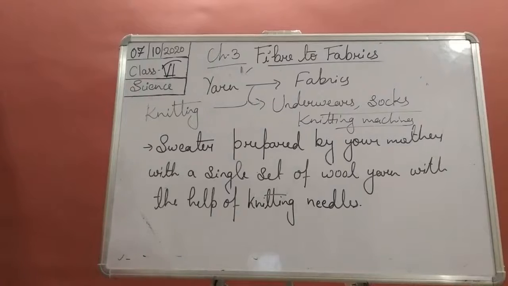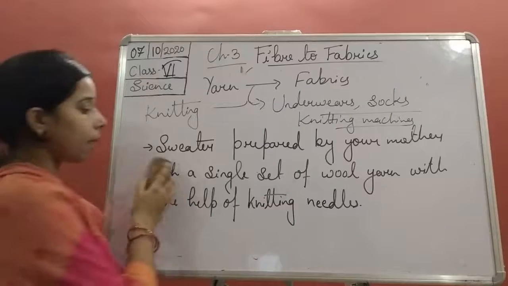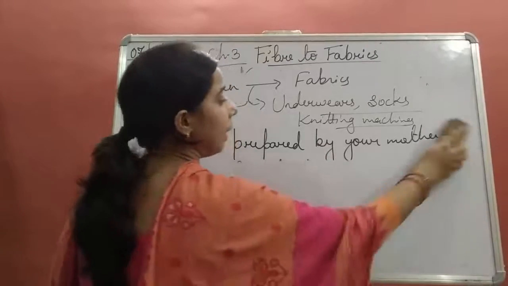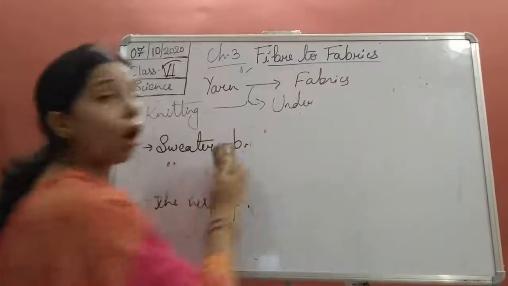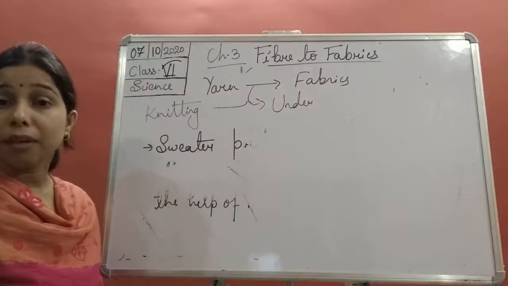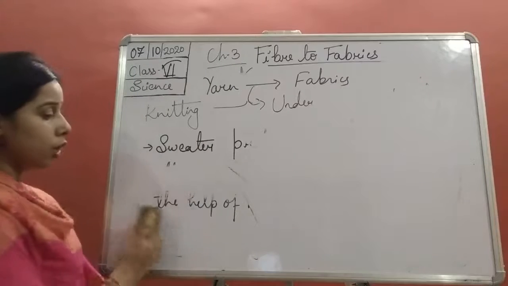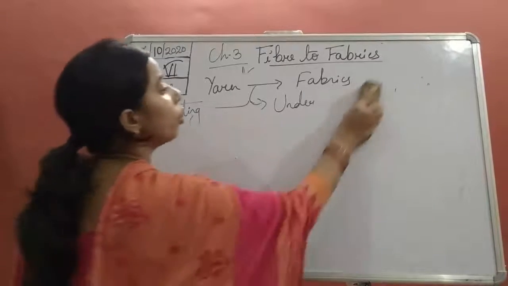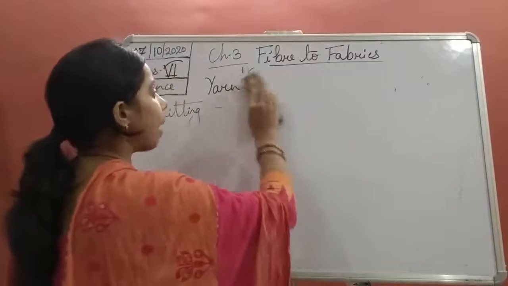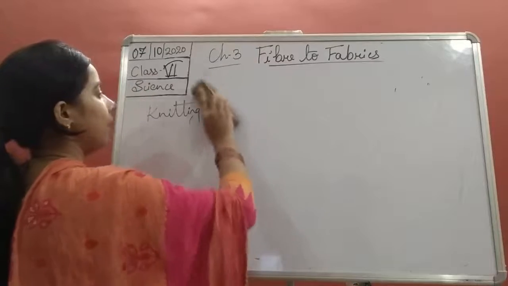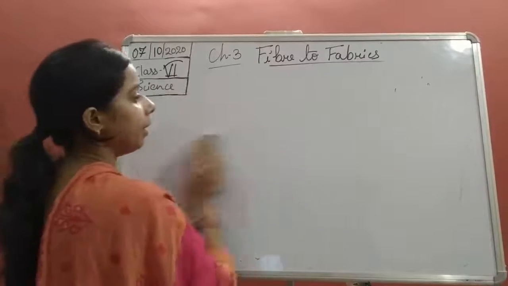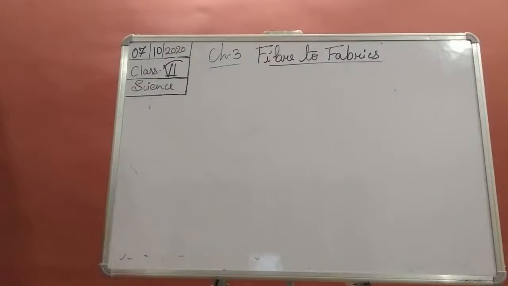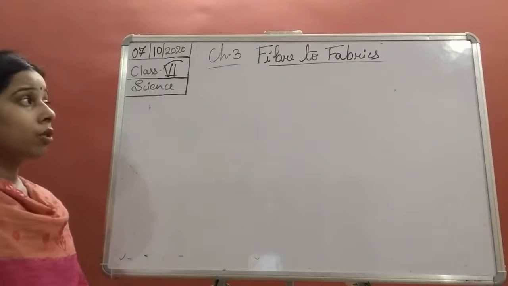Now when we talk about fiber and fabric, you know, students, that if we talk about cotton fabric, which we obtain from cotton fiber, that fabric is used to make different types of clothes. So fabric helps in making different types of cloth.